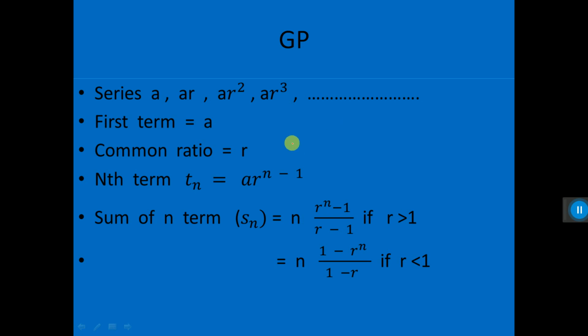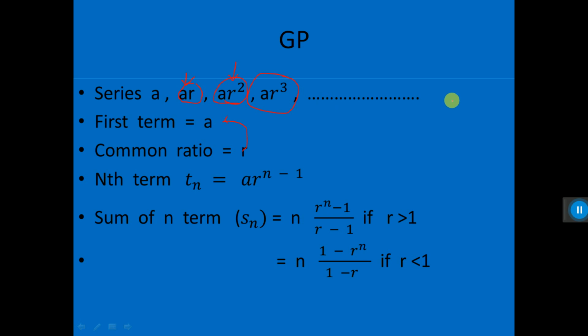So every consecutive term, the second term you get by multiplying r with a, that is ar. Third one you will get by again multiplying by r, ar square. Again multiply r with ar square, you will get the fourth term. Again multiply r with this term, you will get the fifth term. Like this it is going on.